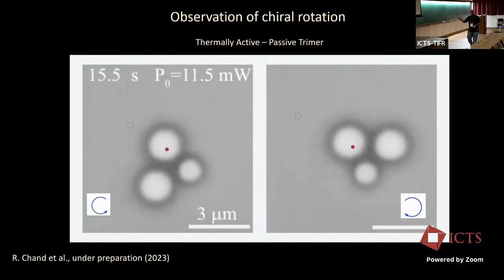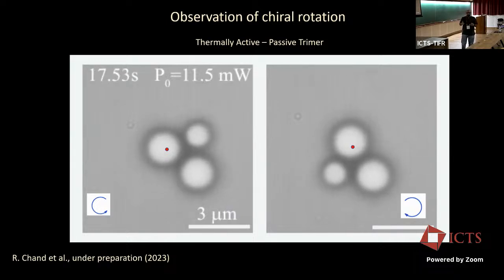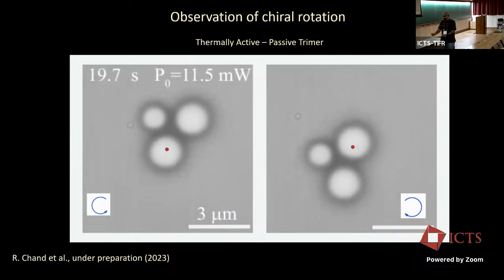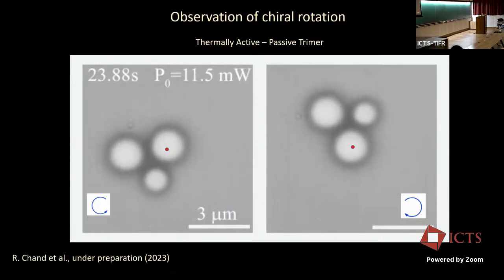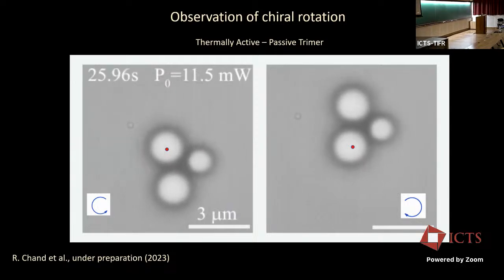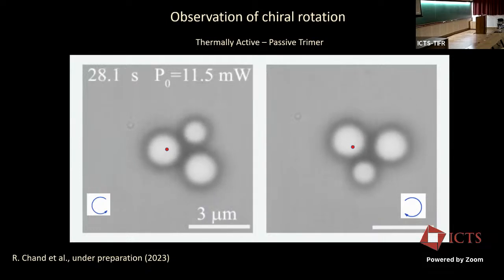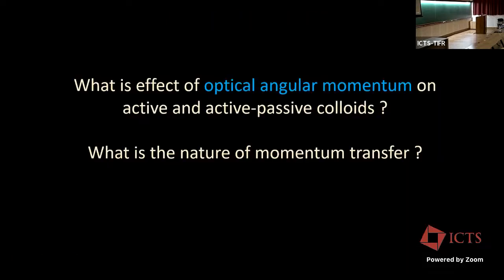We have done a systematic study of this. We have also done some specific force calibration measurements on this. The active colloid location plays a very critical role. Okay, I'm not going to go into the details, but suffice to say that the location of particles plays a critical role.